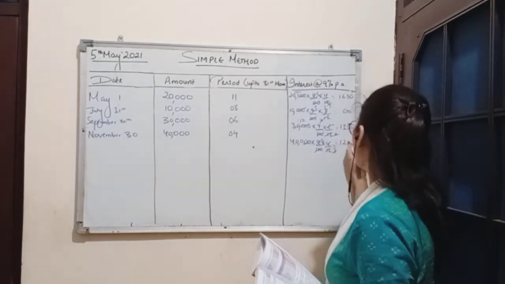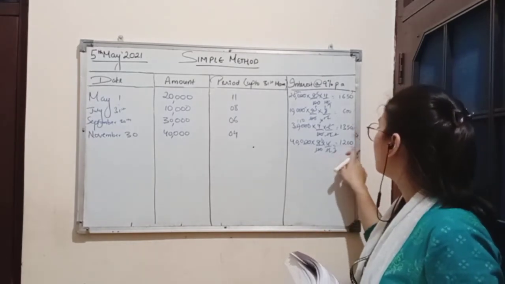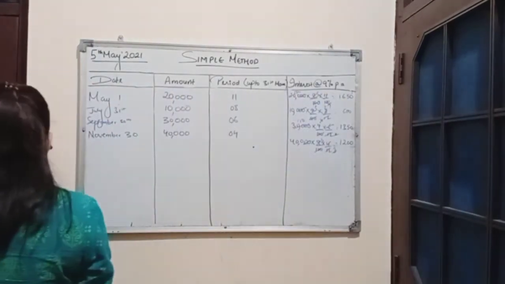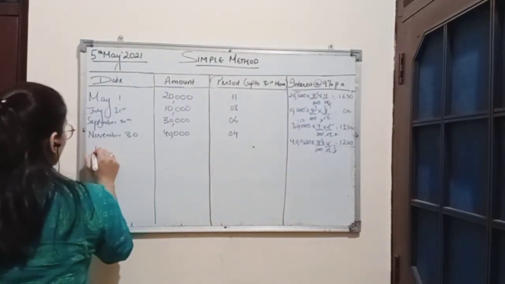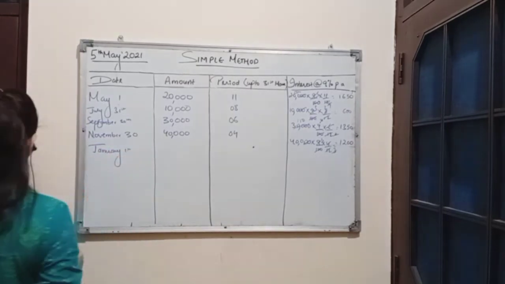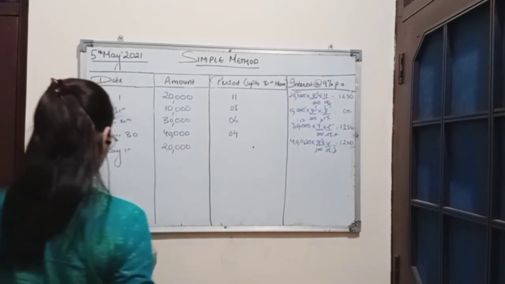So here the amount of drawings, interest on drawings to be paid by Charu for 4 months is rupees 1200. Next date is January 1st. Amount is 20,000.